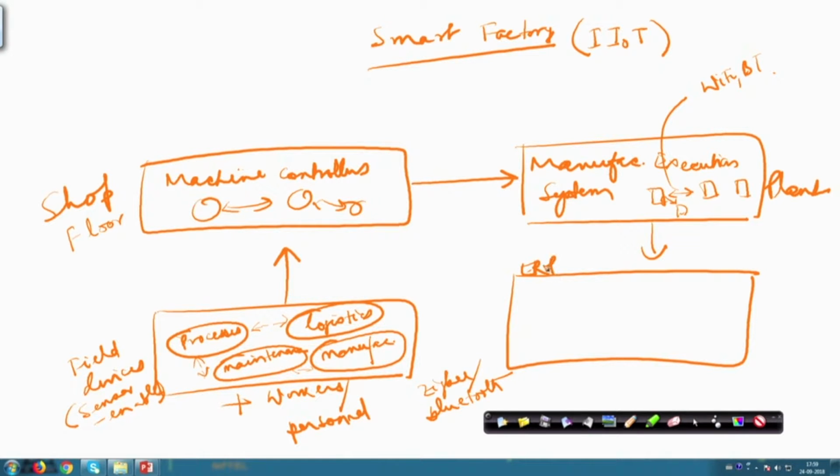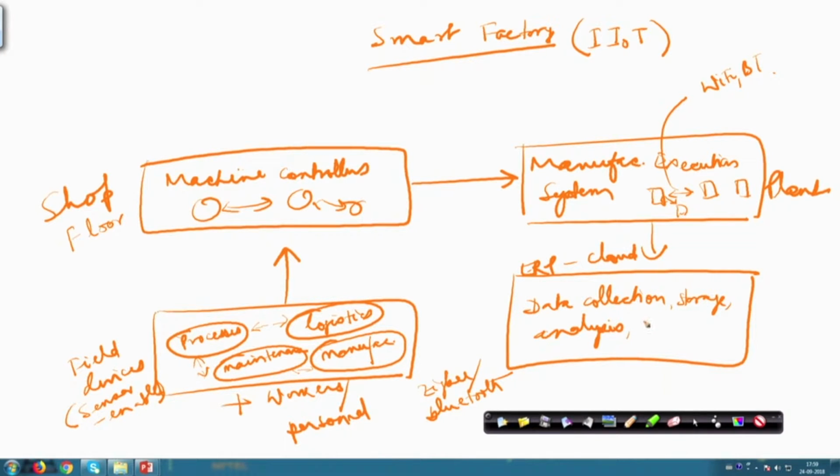So, this may be the ERP which is going to do the data collection, storage and maybe analysis, and this could even be cloud enabled, a cloud enabled ERP.